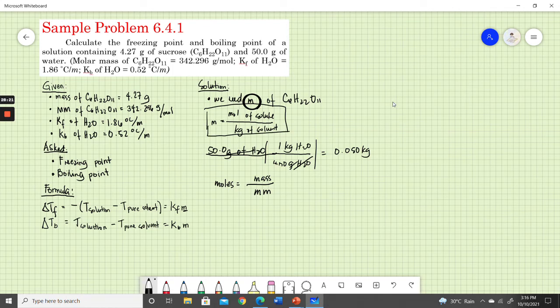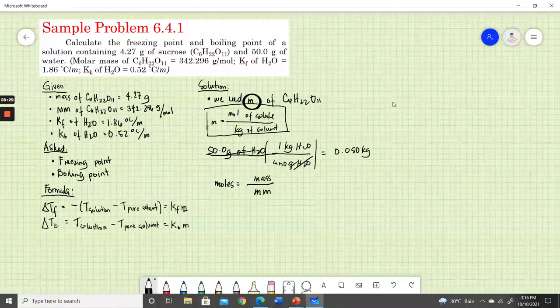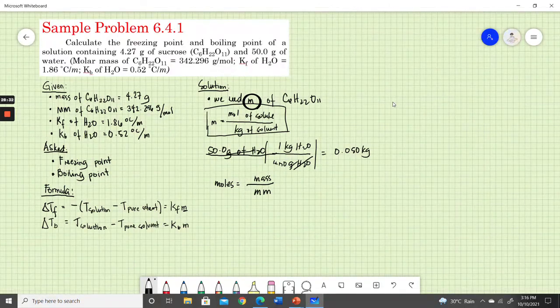So we need to have the molal concentration of your solute. In order to get the molal concentration of solute, first we should get the moles of our solute and the kilogram of solvent. So here we solved for our solvent. Now let's solve for our solute. We need moles. And they gave us the mass, and they also gave us the molar mass of the solute.